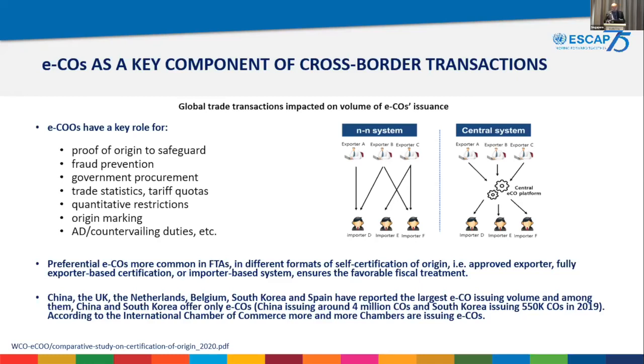Just an overview: what is a certificate of origin? Why is it very important overall for the cross-border trade transaction? Of course, one of the first roles is the proof of origin, to certify the origin of the goods.